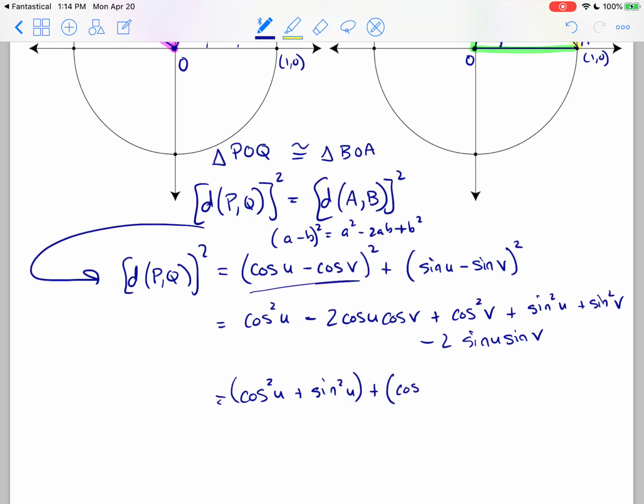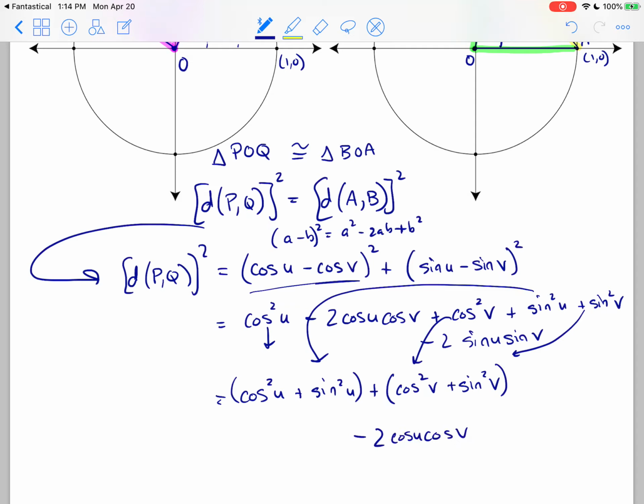Here we have cosine squared v plus sine squared v. This came from here and here, and now I'm taking these two to get those. And then minus 2 cosine u cosine v minus 2 sine u sine v.